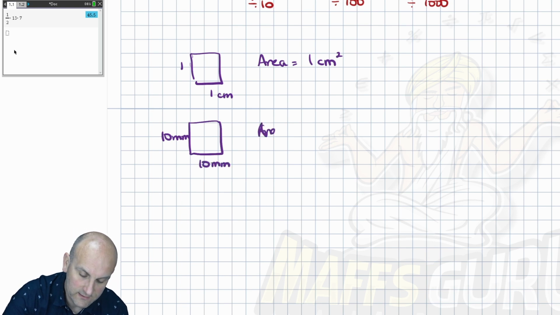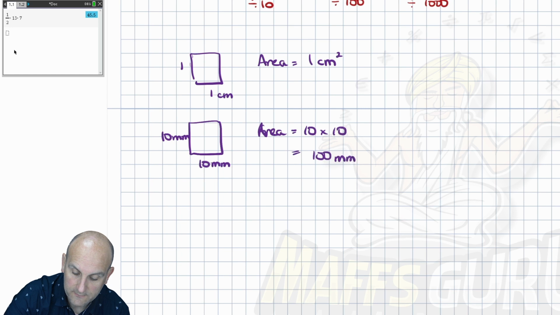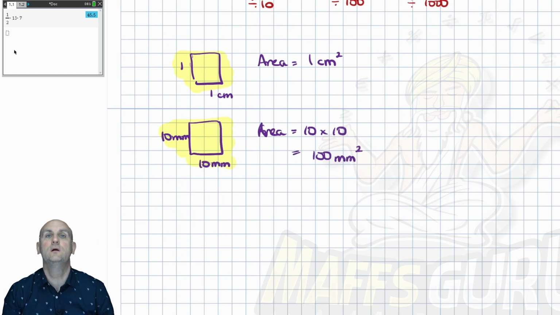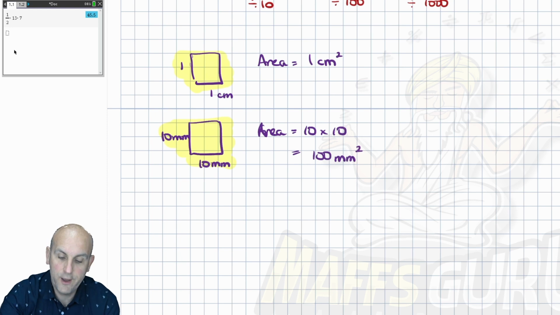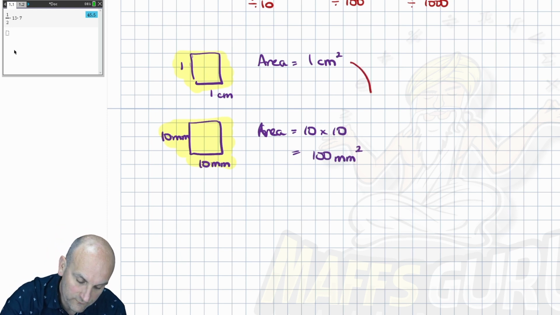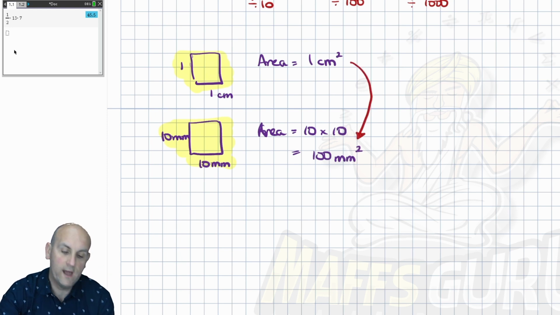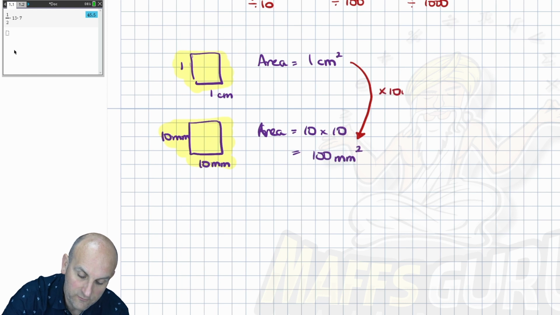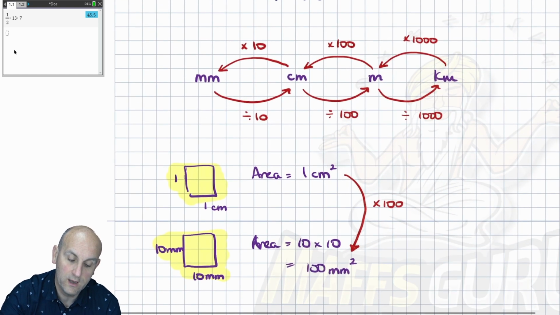And the area in this situation would be 10 times 10, which would be 100 millimeters squared. But we know that this shape here and this shape here are identical. We've just changed the units. So we now know that we have a way of converting by saying, well, 1 centimeter squared is equal to 100 millimeters squared. So what we've actually done is we've multiplied by 100.